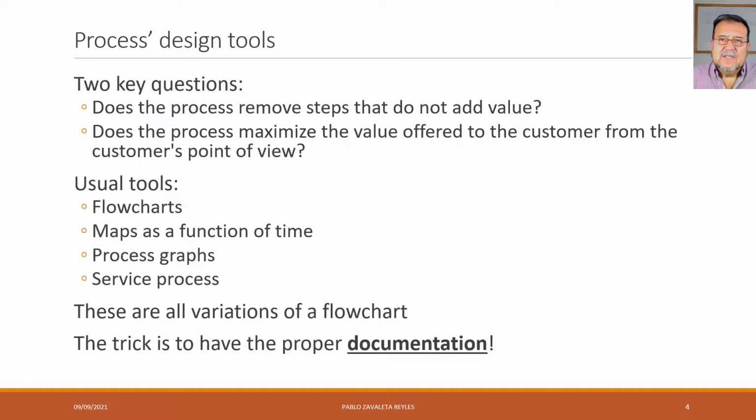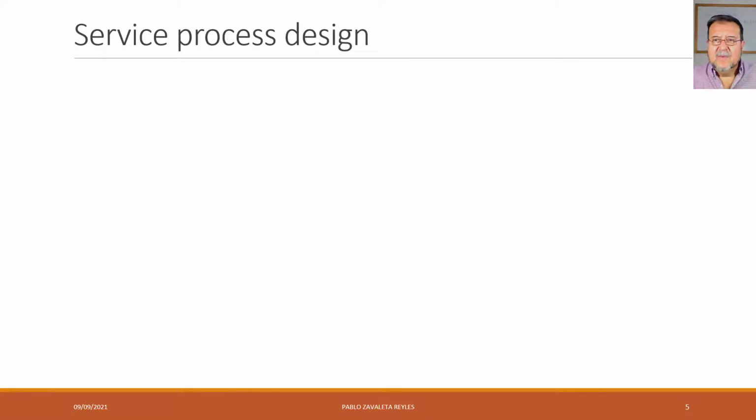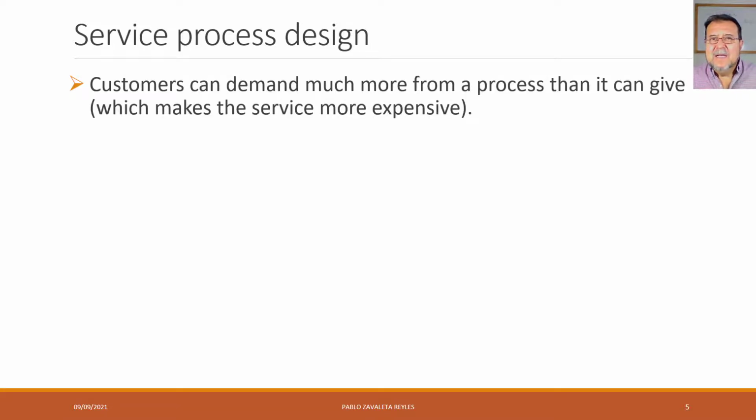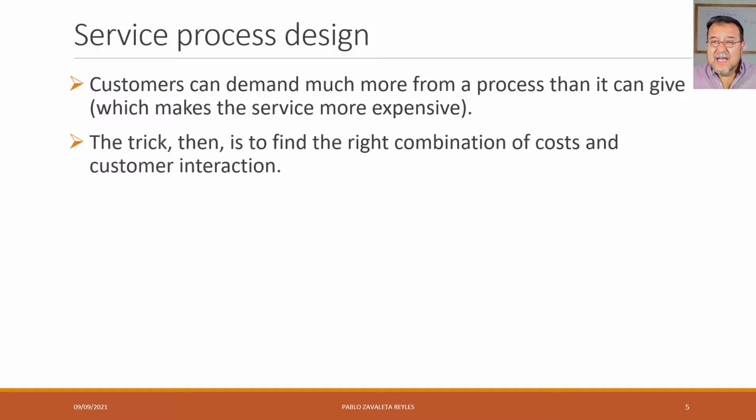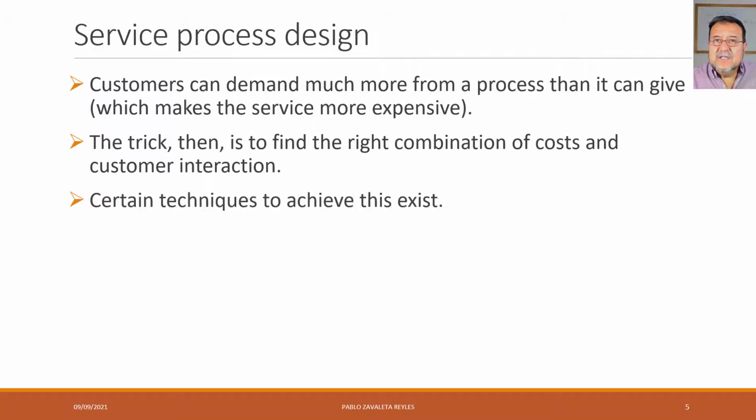When we talk about service process design, we must always keep in mind that sometimes customers can demand much more from a process than it can give, which makes the service much more expensive. The trick then is to find the right combination of costs and customer interaction. Certain techniques exist to achieve this. Let's cover some of them.